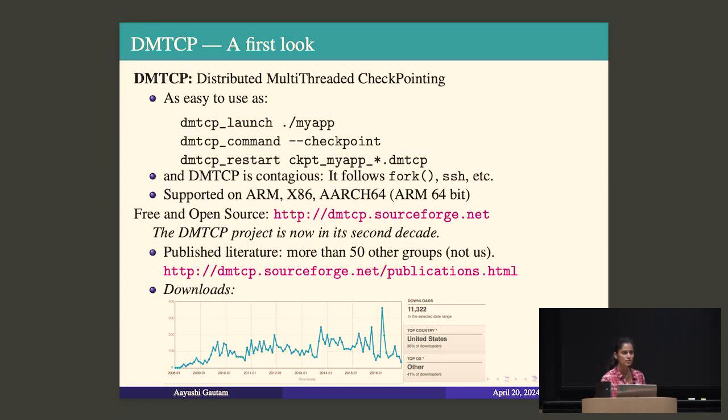It's very easy to use, as you will see in the upcoming demo. This project is in its second decade, and more than 50 other groups have been using it in their published literature. I've also attached some download numbers for you to see. It's very popular among the community.